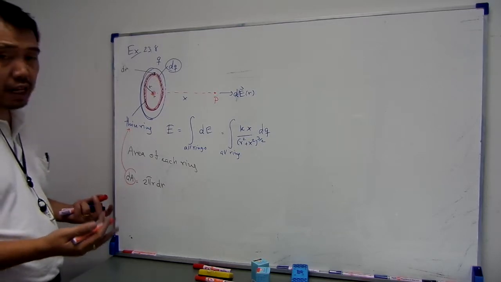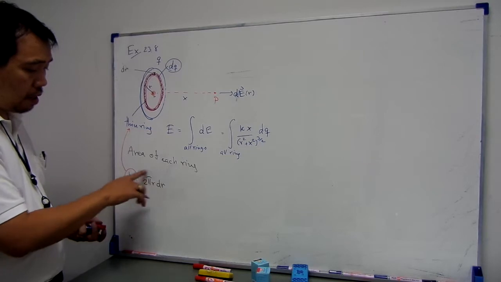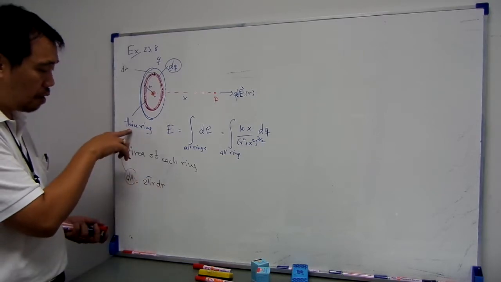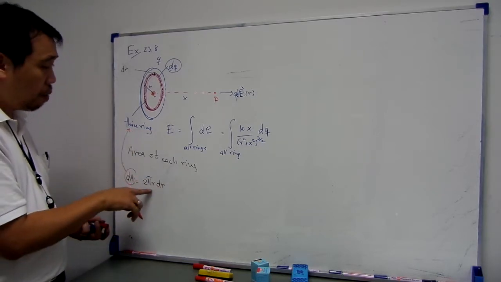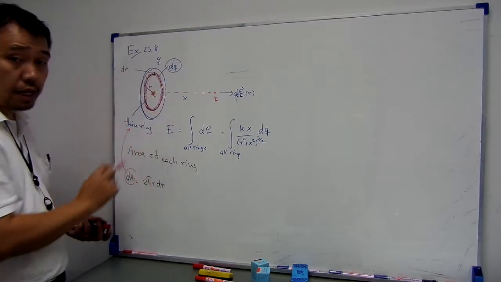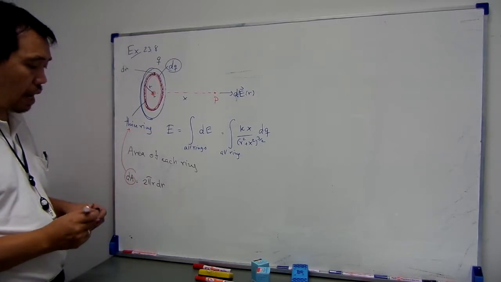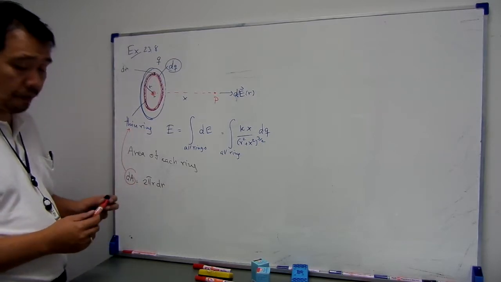If you have a thick ring, you cannot use this expression; you can use it for the thin ring only. 2 pi r is the circumference of each ring, and dr is the thickness of each ring. So we have dA equal to 2 pi r dr.